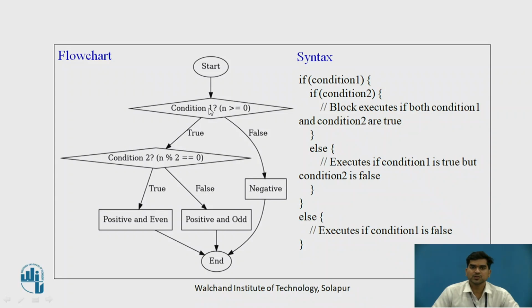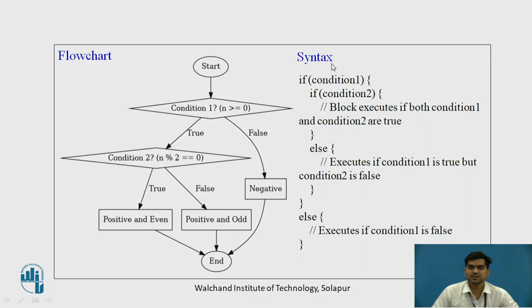If it is positive, then it checks the second condition, whether it is even or odd. If this condition is satisfied, it displays positive and even. If it is false, it gives positive and odd. And if the first condition is false, then it shows the value is negative. So this is the flowchart.